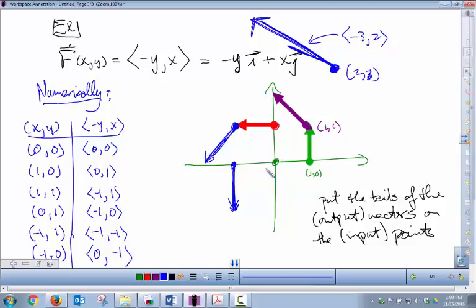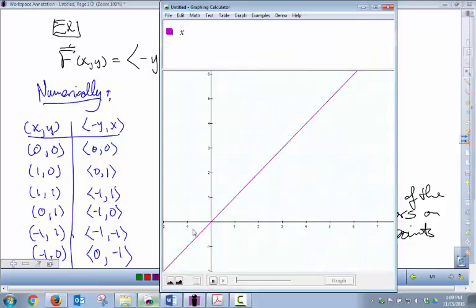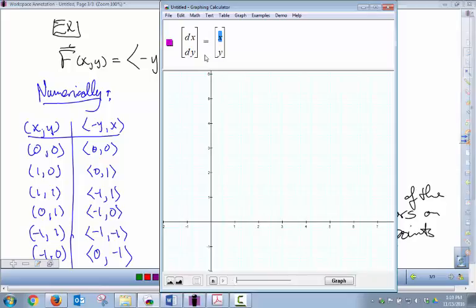I don't know if the TI-89 does it, but the online graphing calculator has a way to represent vector fields by writing it like this.